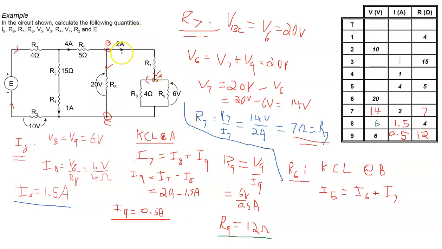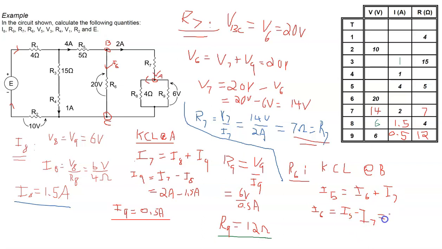And we know 2 amps goes that way. So the remaining current goes this way. And the combination of R7, 8, 9 is going to give us R6, the same numeric value, I guess. And you can check that later, once we're done. But right now, it's I6 that we want. And so, from this KCL expression that we have here, I6 is equal to I5 subtract I7.